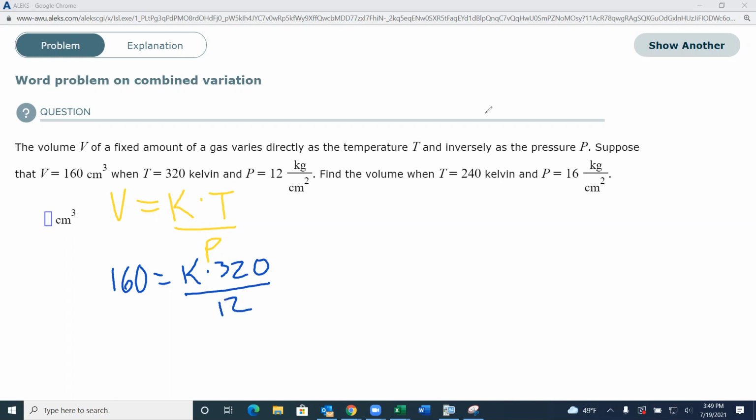Okay, go find K. So if I multiply by 12 over 320, so that those cancel and those cancel, then give me a second to type this into my calculator. Then I get 6.